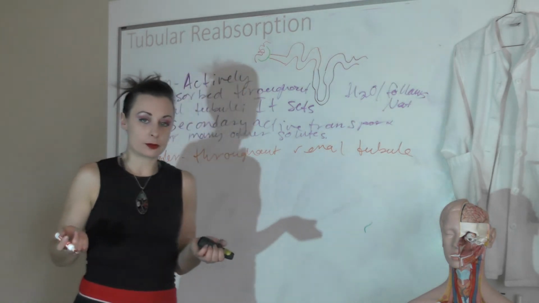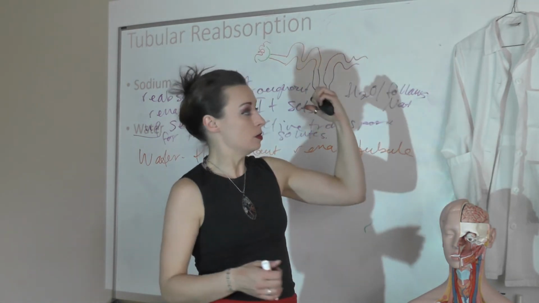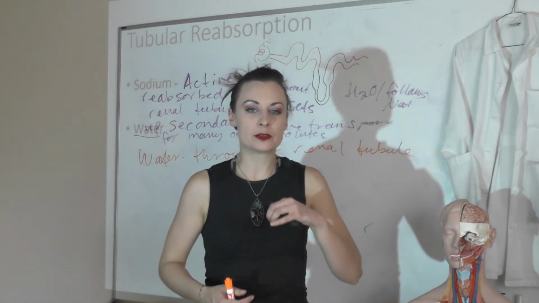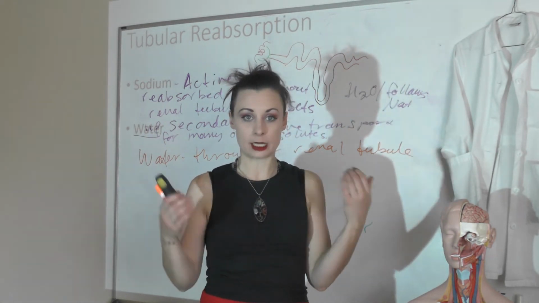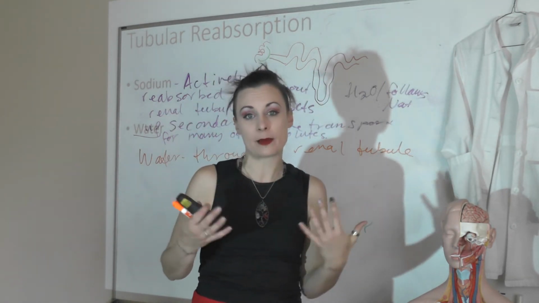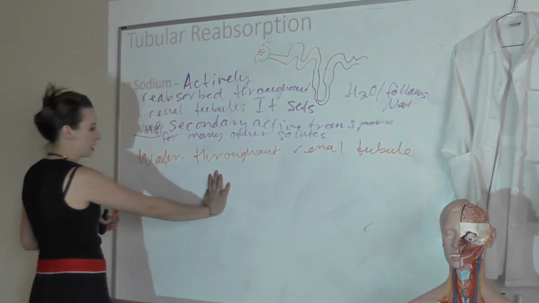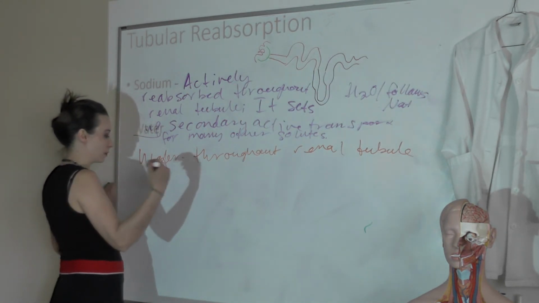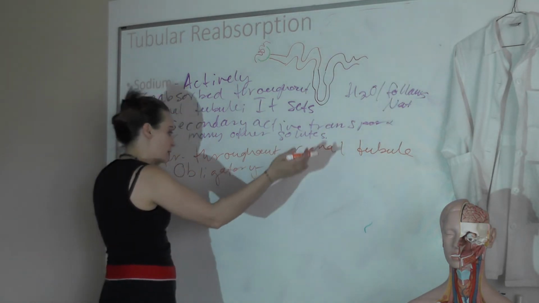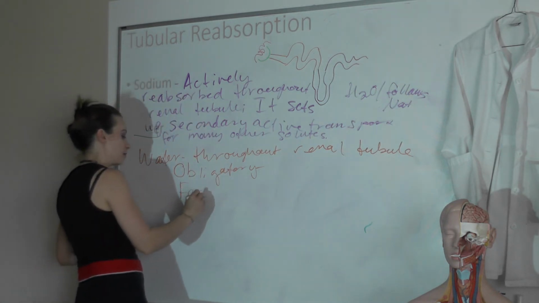And water reabsorption is either going to be obligatory water reabsorption, like water is obligated to go when it follows sodium, for example, or facultative water reabsorption that happens when we facilitate the reabsorption of water by doing something like putting antidiuretic hormone in the system and increasing the number of these things called aquaporins, which are water transporters. So for water reabsorption, we'll say again, this is happening throughout the renal tubule, and it's either obligatory, where our water is moving due to osmotic pressure, like when it follows sodium, or facultative, or facilitated.